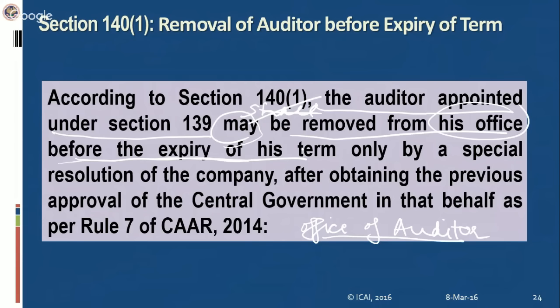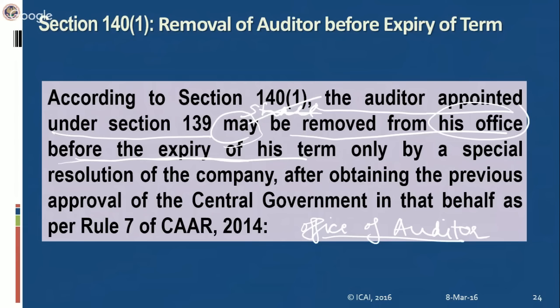Before his term has expired, he may be removed. There is a possibility that he may be removed. It is possible. So the question is whether an auditor can be removed before the expiry of his term; the answer is yes, he may be removed.